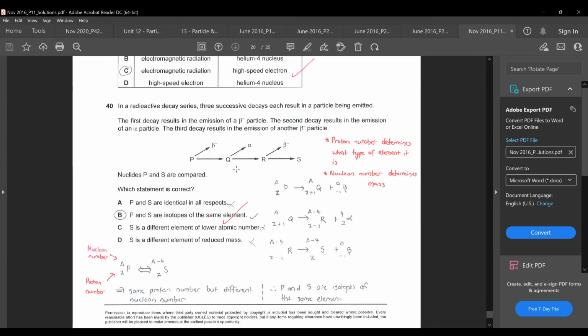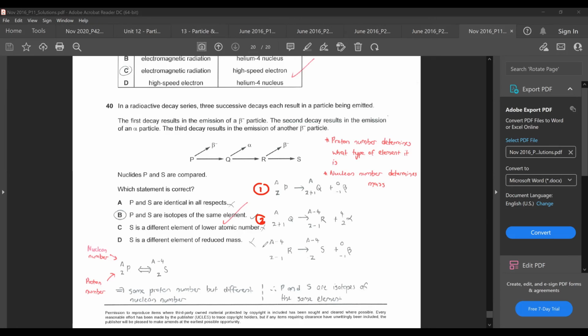Okay, you can actually make your life a lot easier. Now, the workings that I showed you here show the sequence of each decay, from P to Q, from Q to R, from R to S. This is what I'm showing here.